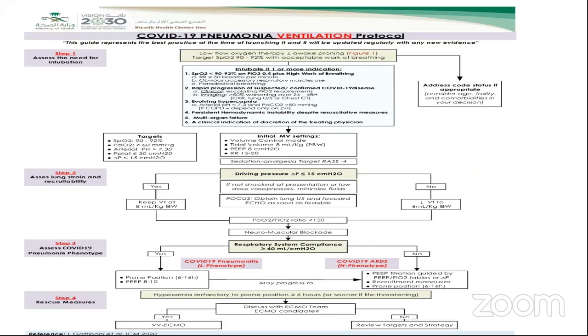This is our protocol for how to manage COVID pneumonia and ARDS. You will find this protocol in the file of all COVID patients, and this is a simple algorithm you can review by the end of the lecture. We'll share it with the group.